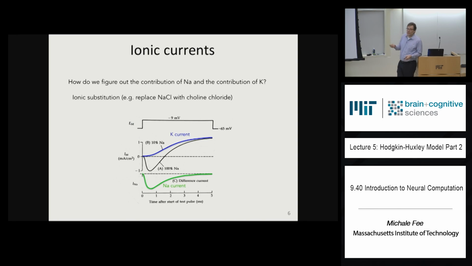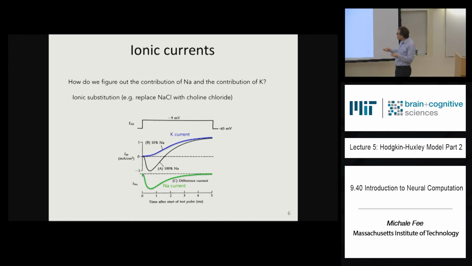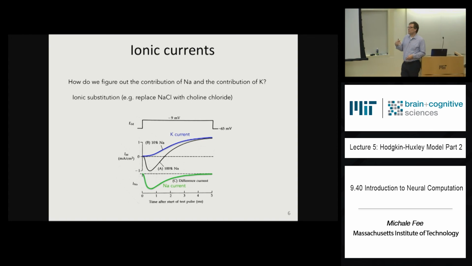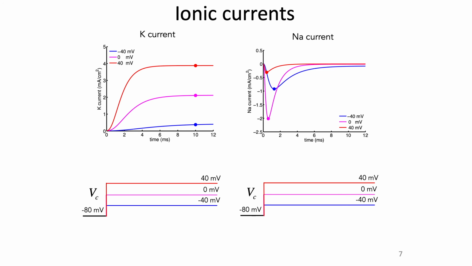Okay, so now let's just review quickly how we took these current curves and from those extracted the conductance of the sodium and potassium ion channels as a function of voltage and time. What we did was we looked at the case where we do our voltage clamp experiment to different voltages.